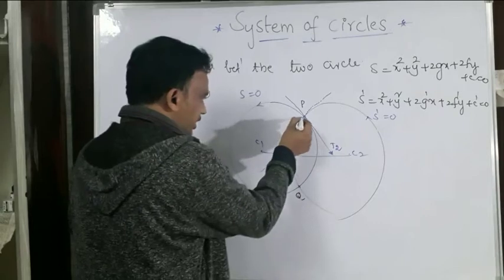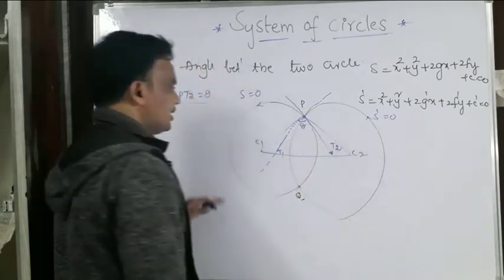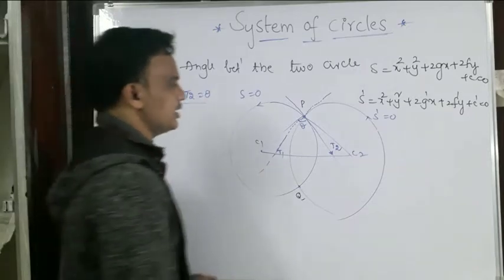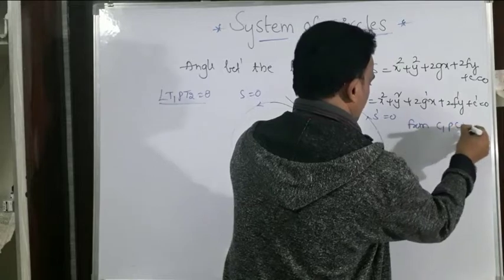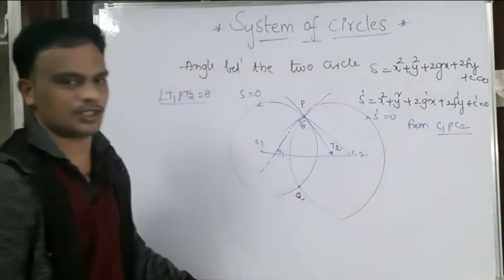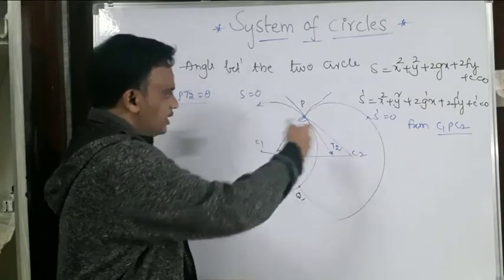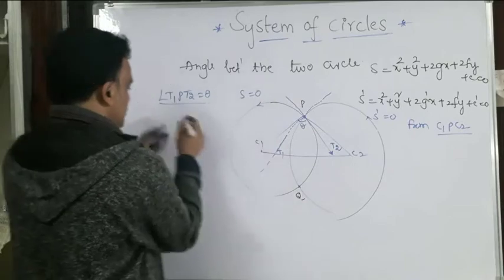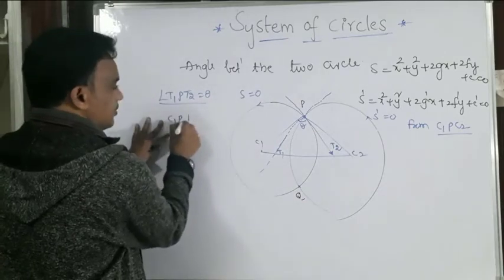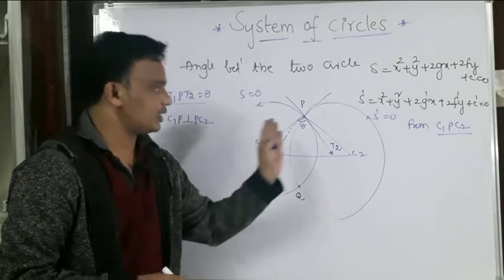Then let us join C1P and C2P. Observe this one, all of you please. From the triangle C1PC2, it is very clear that C1P is perpendicular to PC2, because the radius is always perpendicular to the tangent.